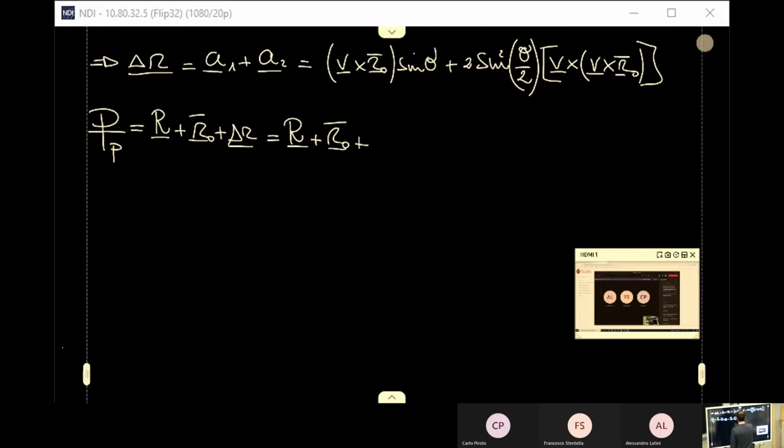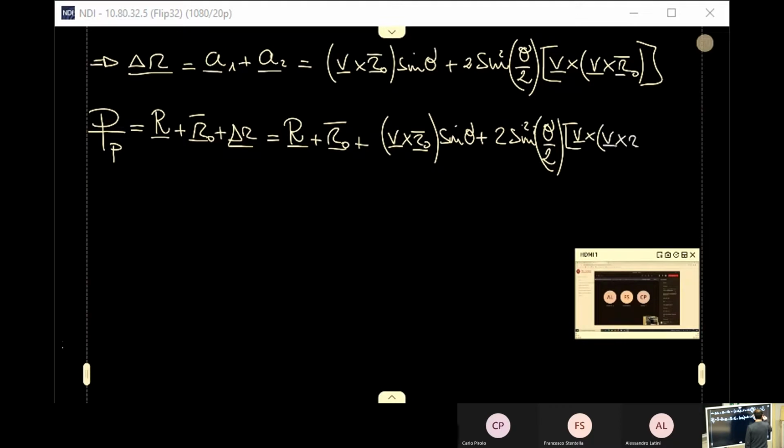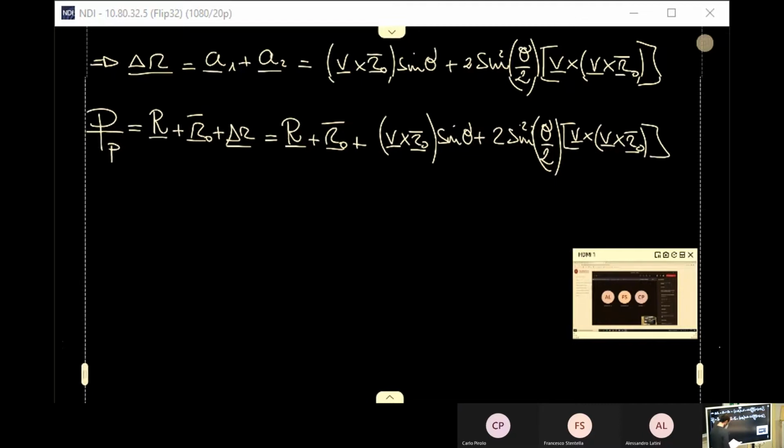R0 plus v applied over r0 over bar sine of theta plus 2 sine squared of theta divided by 2, this is squared, applied over v times r0 over bar. Okay?